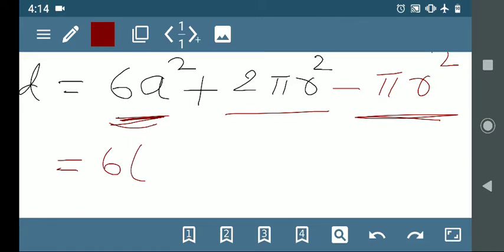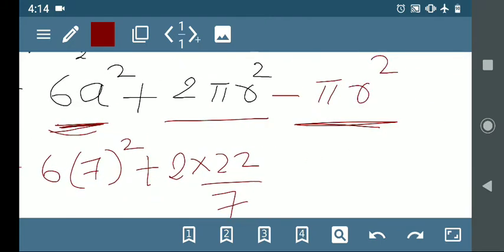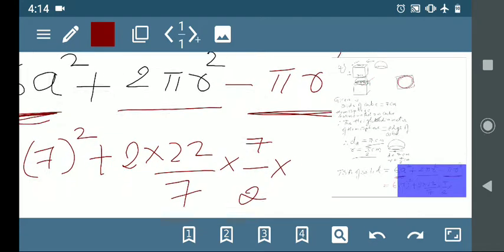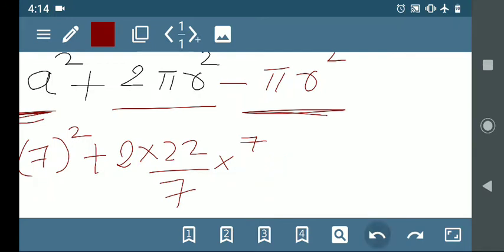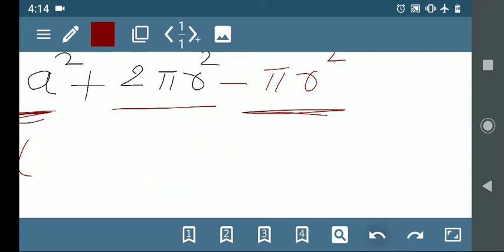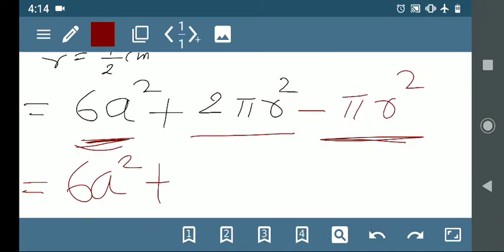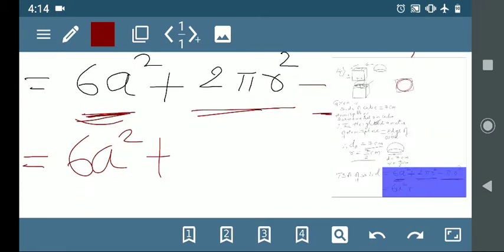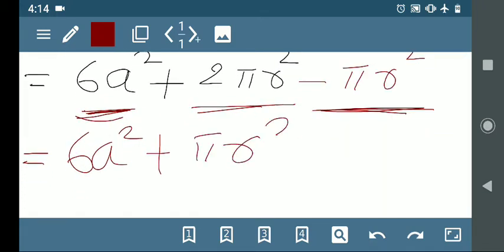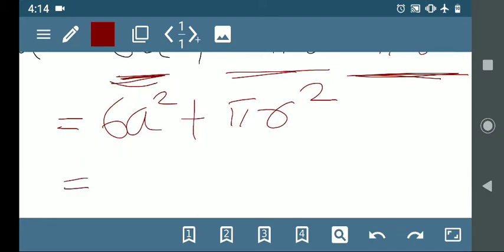6 of 7 square plus 2 into 22 by 7. So what is the radius? We got it as 7 by 2. We have r square, therefore 7 by 2. Before that, dear students, we can even simplify this. 6a square plus what we have here, 2 pi r square minus 1 pi r square. So just we can write this as pi r square. So now simplification will become very easy.